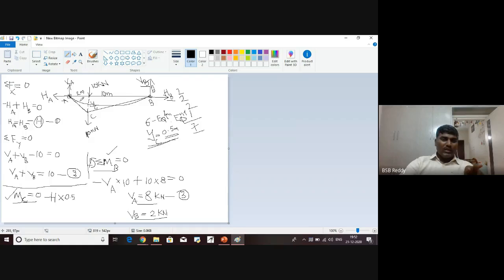Then next H is over. Then VA into the distance is 2, clockwise. So left clockwise is sagging. So what is VA value? So let us first write the equation, then we will substitute. Minus H into 0.5 plus VA into 2 is equal to 0. Okay. Now substitute VA. What is VA? 8.